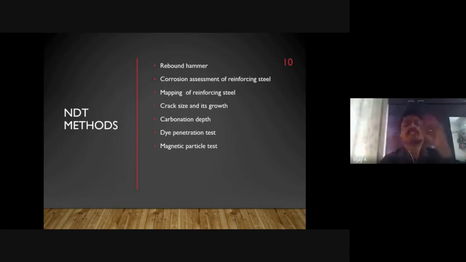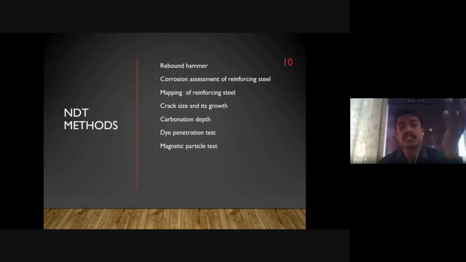Savings. The most obvious answer to this question is that NDT is more appealing than destructive testing because it allows the material or object being examined to survive the examination unharmed. So that means you are going to save an enormous amount of money and resources.